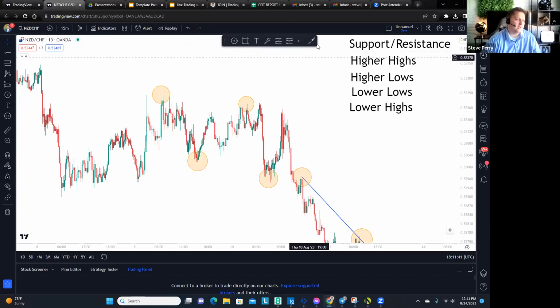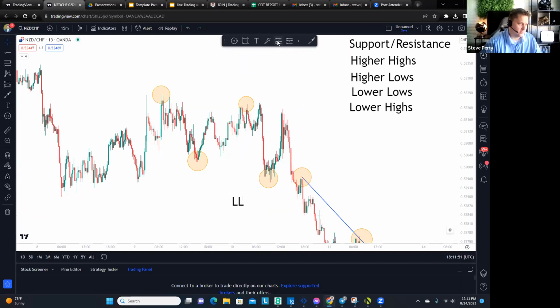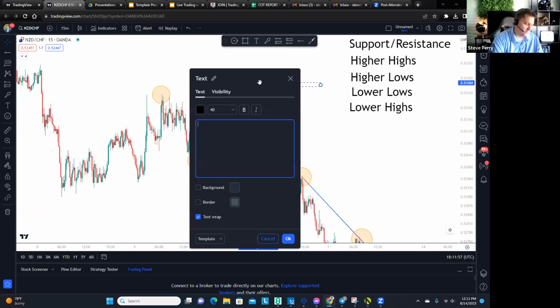So if you think about it, this is a lower low, an LL right here, because it's lower than the previous low. And then over here you have a lower high, LH. Lower high.